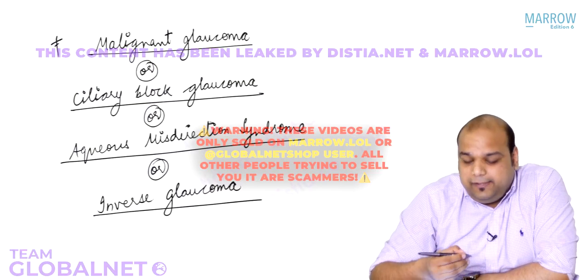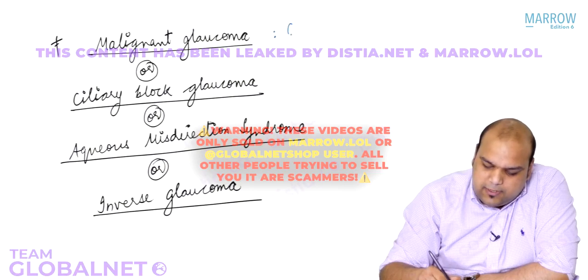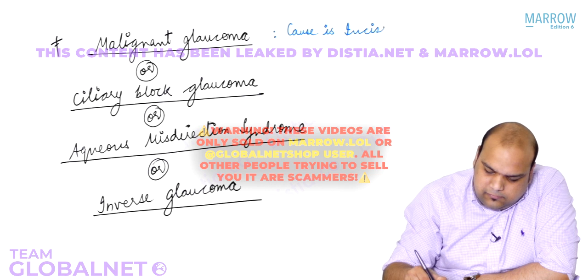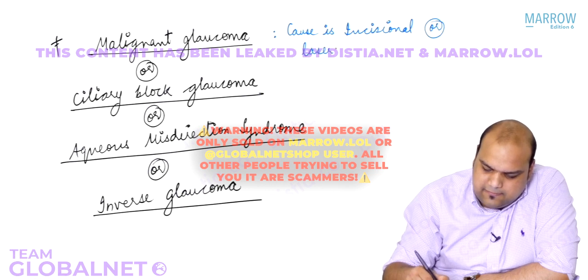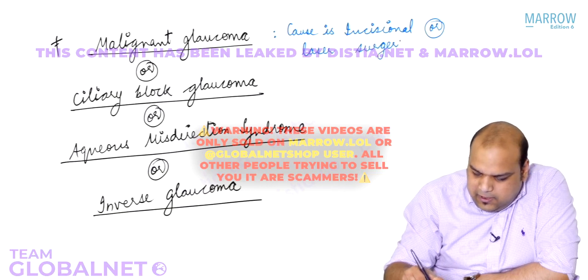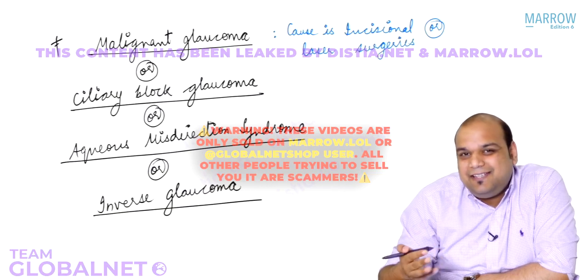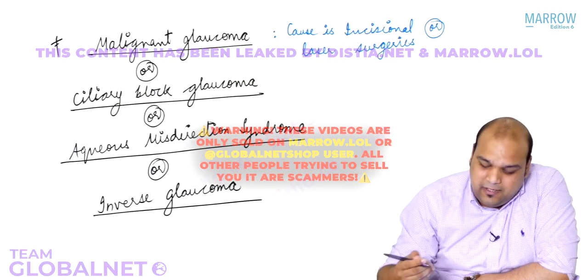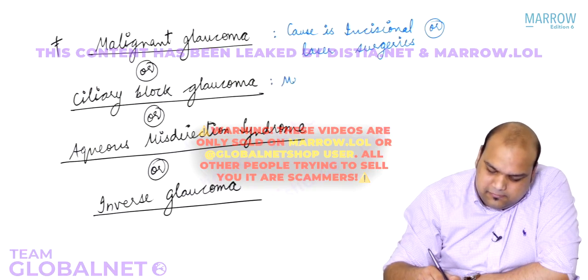This glaucoma is called malignant glaucoma because the cause is incisional or laser surgeries. Due to some kind of surgery in the eye, this glaucoma develops. What is the mechanism?